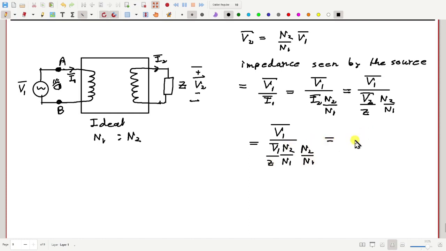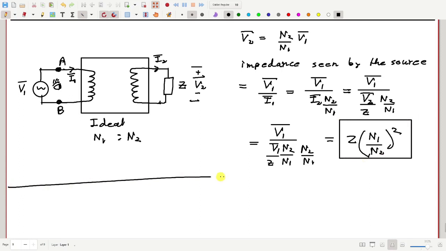So finally, what does this become? It becomes Z N1 by N2 whole square. This is the impedance seen by the source, primary side.